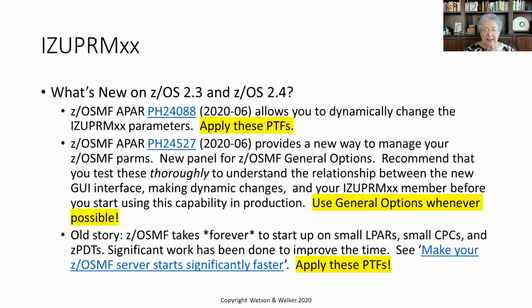Was not a good thing. So if you're using IZUPRM, apply those PTFs. The other thing they brought out in the same month was a new way to manage your parms that is better than IZUPRM. And that is a new panel in z/OSMF called General Options.